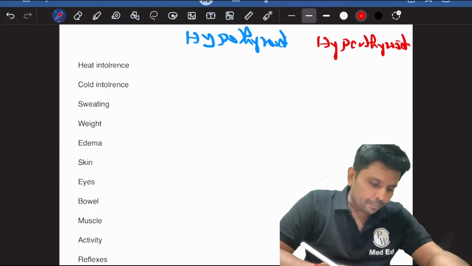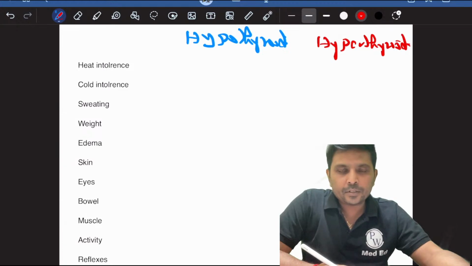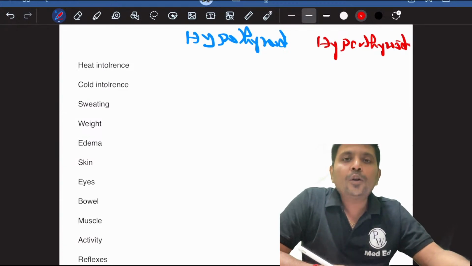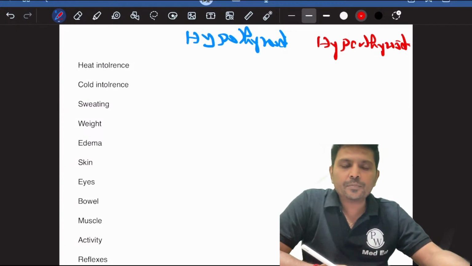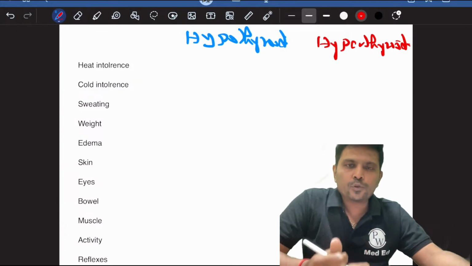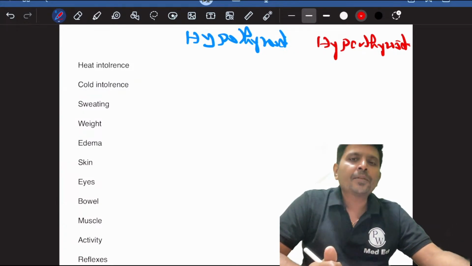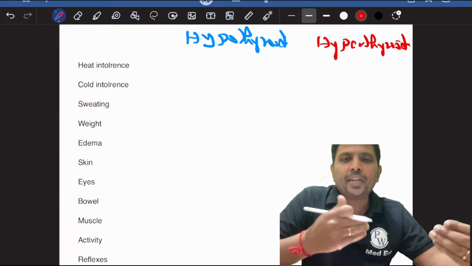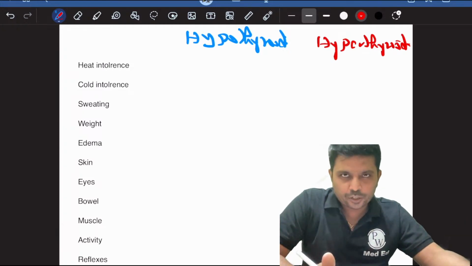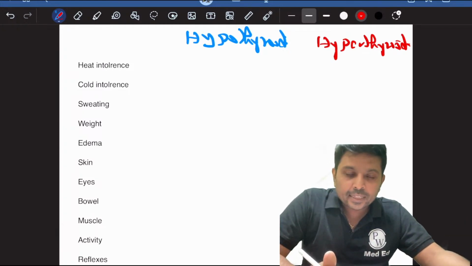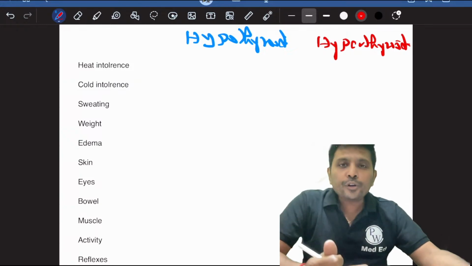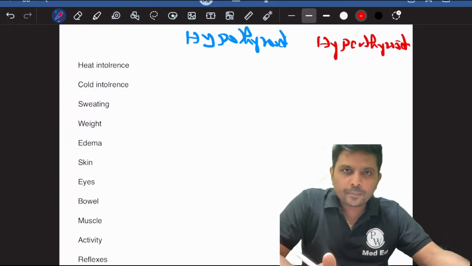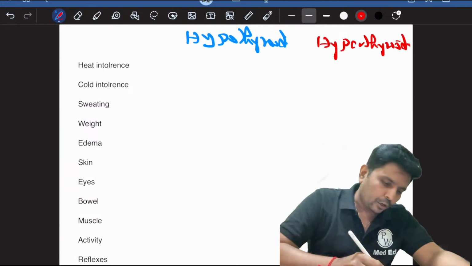Remember, hypothyroid patients have poor calorigenesis. Calorigenesis means the body, because of sodium potassium ATPase, can induce heat production. In hypothyroid, they cannot mount heat generation in the body, as a result of which invariably they will have cold intolerance.